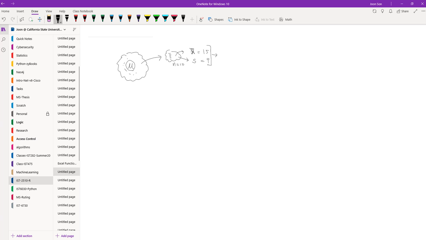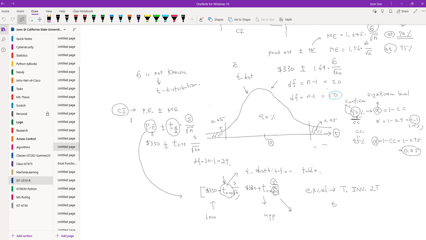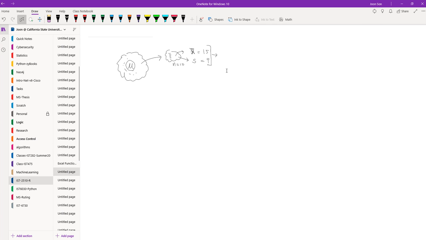As I showed in the previous lecture, the confidence interval is the point estimate plus or minus the margin of error.